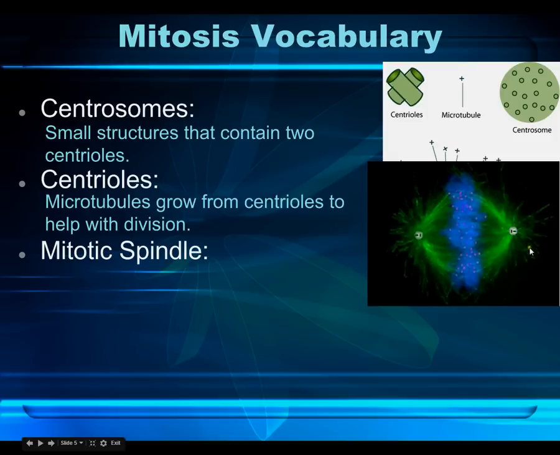So they grow out from both sides. As these microtubules grow towards the center of the cell, the blue represents where you would find the chromosomes, and the red represents the centrosome of those chromosomes. So as the microtubules grow, they randomly shoot out and they hopefully connect with the centrosome of our X-shaped chromosome.